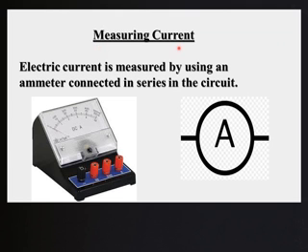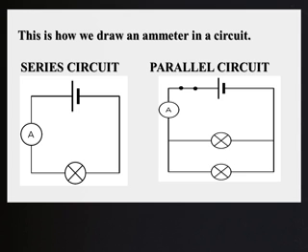Now, measuring currents. Electric current is measured by using an ammeter connected in series in the circuit. So we use this symbol for the ammeter. We use this symbol for representing an ammeter, and this is the ammeter. If an ammeter is present in any circuit, we will use this symbol to represent it.